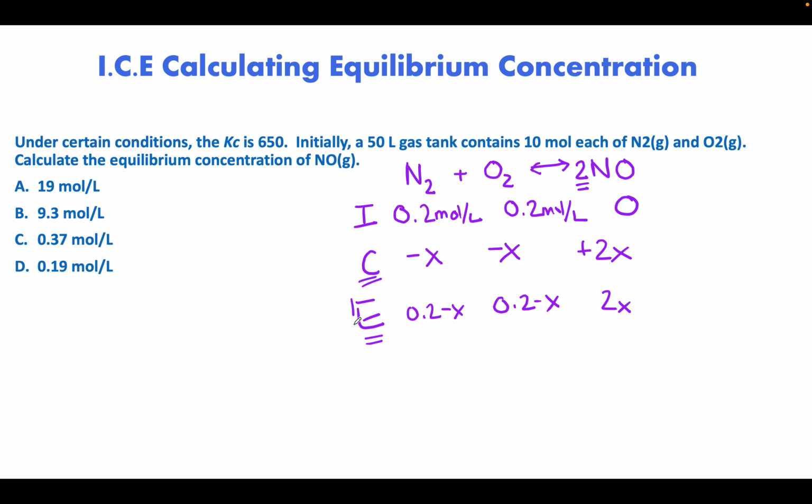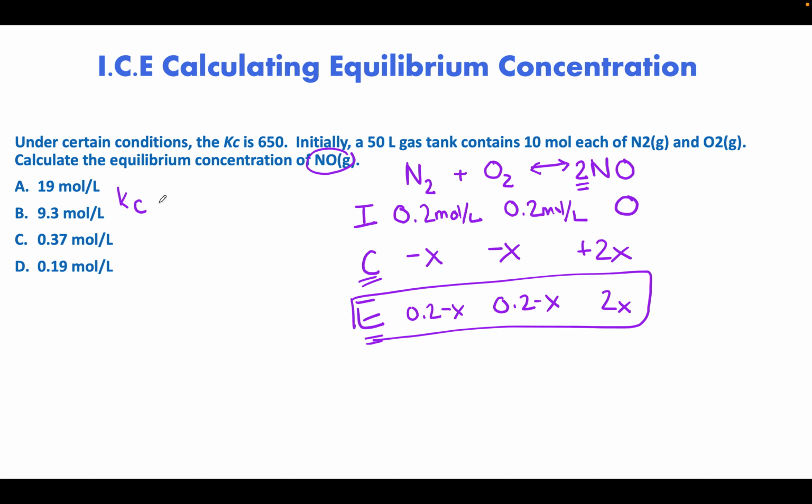Okay, so this is the line that we need, and it's usually the most important line depending on what we're calculating. And what we want to figure out is the equilibrium concentration of NO. So to do that, we need to solve for X using the equilibrium expression. And then once we have X, then we can just multiply it by 2, and we'll have the equilibrium concentration of NO. So I'm just going to come over here to set up.